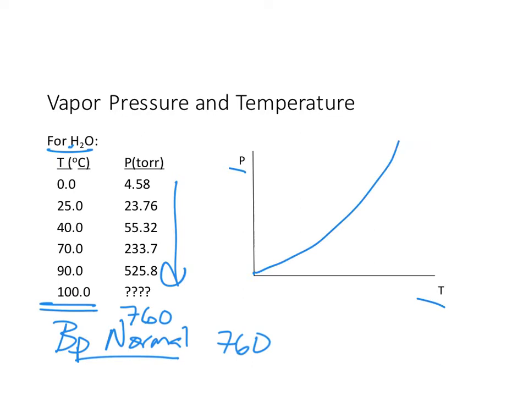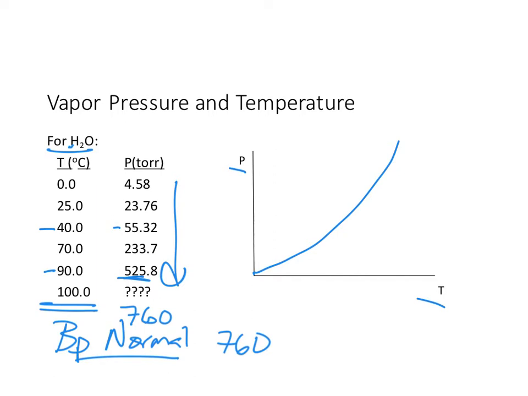As you can see, when you get to 40 degrees, the pressure is only 55 torr. But then just a few degrees later, up at 90 degrees, the vapor pressure of the water has really taken off, going to well over 500 torr. So there is an exponential growth in the vapor pressure of water as the temperature increases.